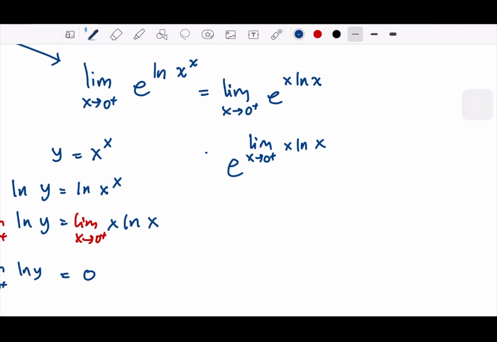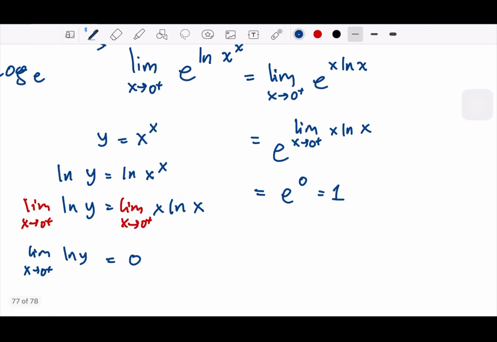But then we need to take e, so e with power of 0, this is 1. So if you take the left method, you take separately, you get the result of x ln x, you get 0. Don't forget to take the e. So you take the limit, this is y, and then this will be e with power of 0, this is 1.